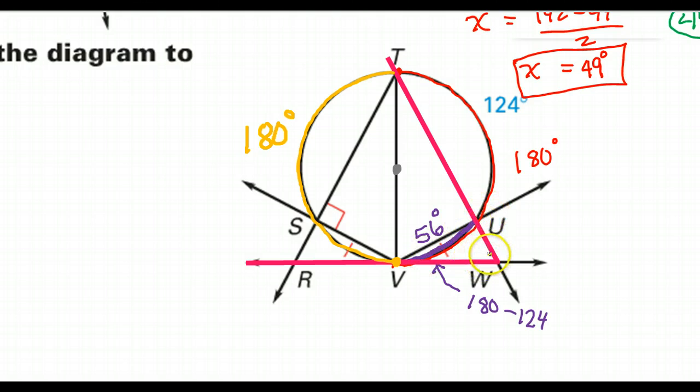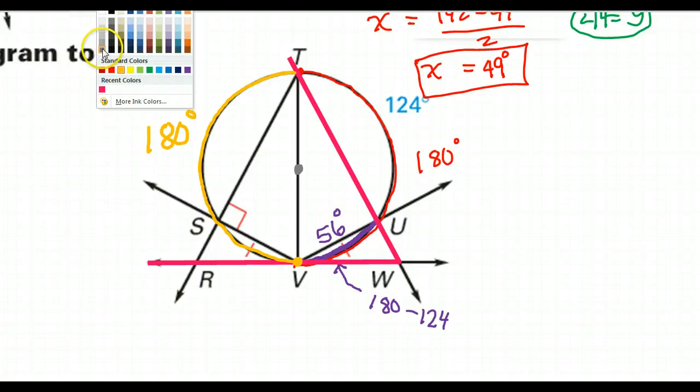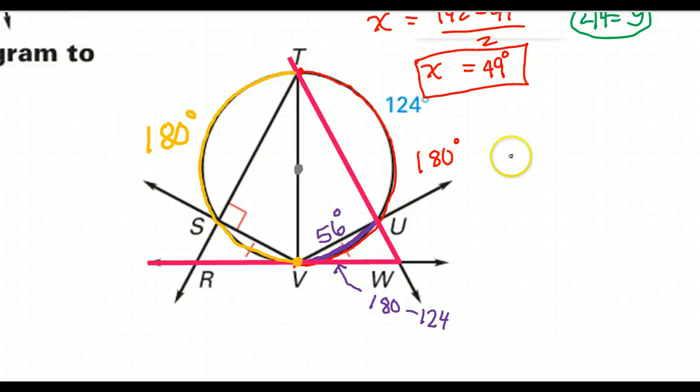So, if I want to find the pink angle, I will simply do big arc minus small arc divided by 2. That's not too bad. The hardest thing about some of these problems is erasing all the stuff that you don't need and ignoring it.